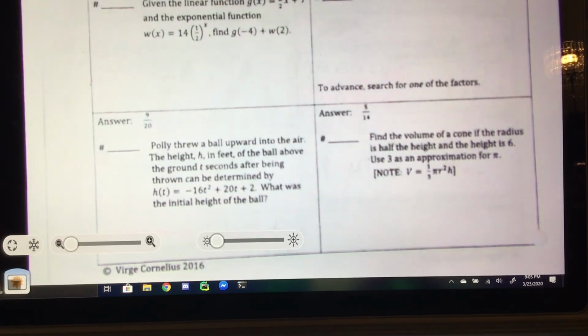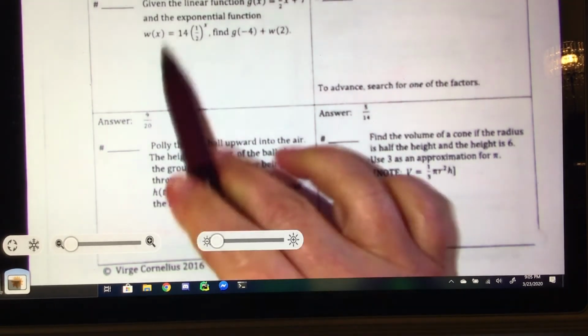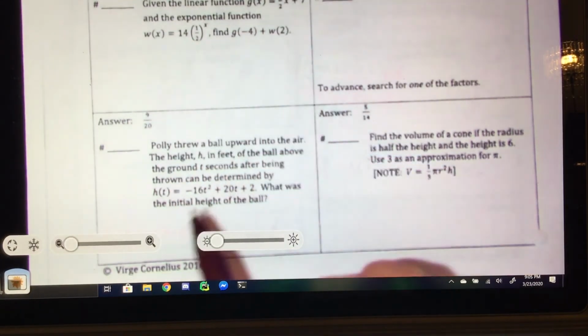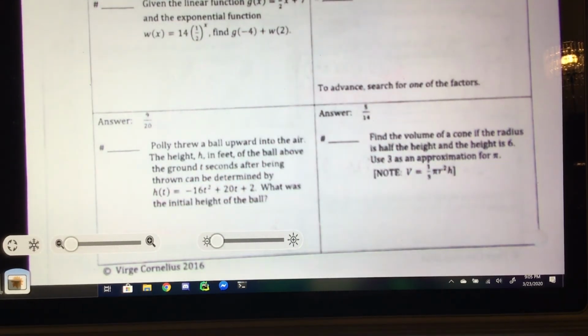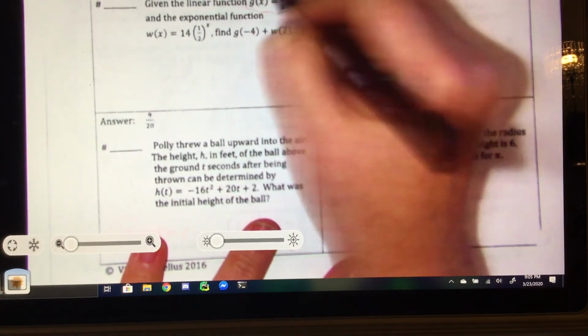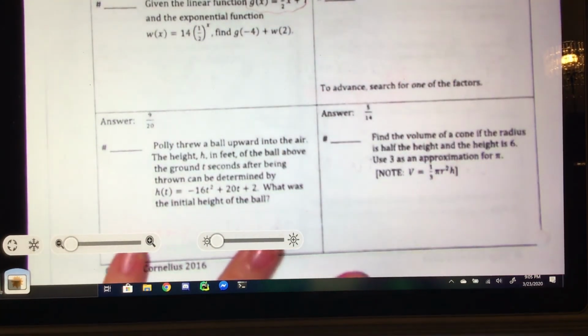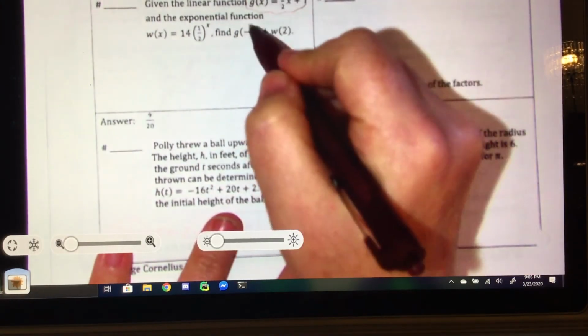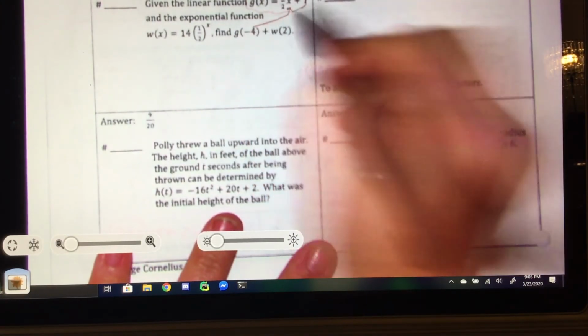Given the linear function g of x equals 1/2 x plus 7 and the exponential function w of x, again we are going to match some things up. These are compositions, which we've already done, and I didn't mean to cover up that 7. But this g of x, we need to plug negative 4 into x.